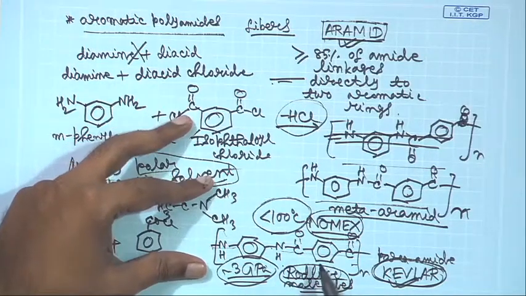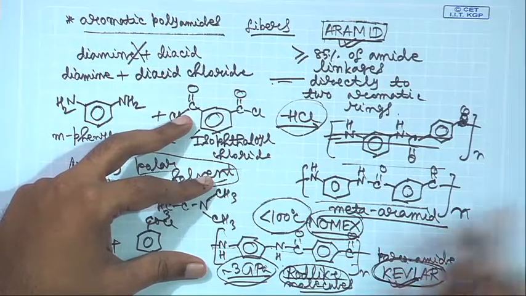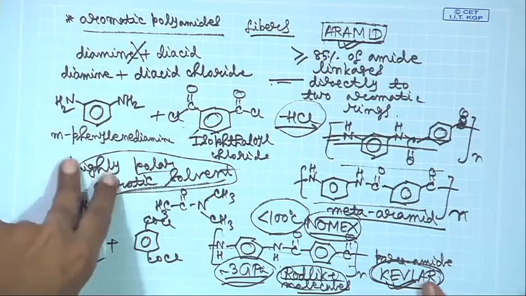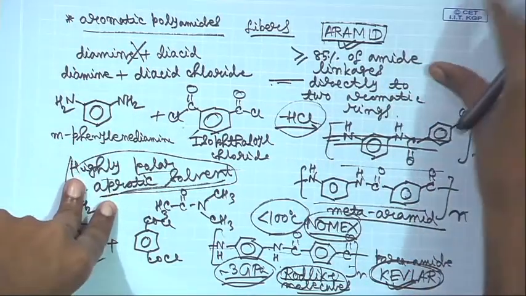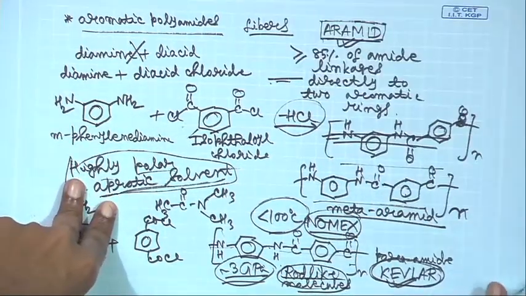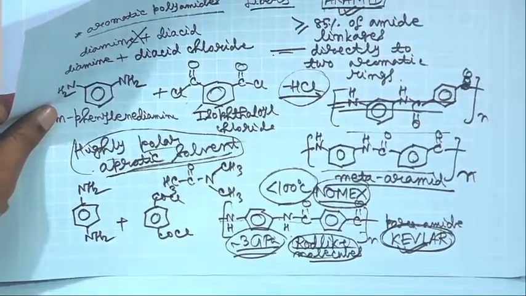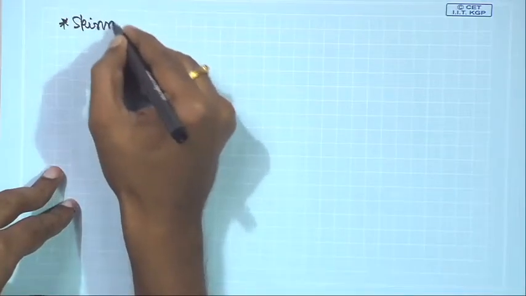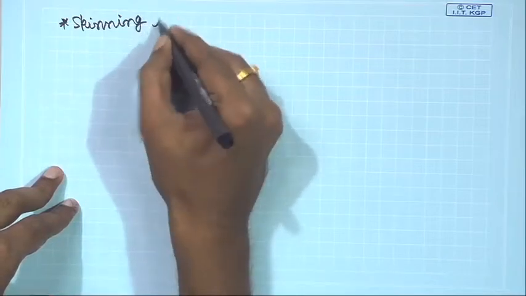Normal drawing of the fibers may not work. What you have to do is use something called spinning techniques. We will come to this.